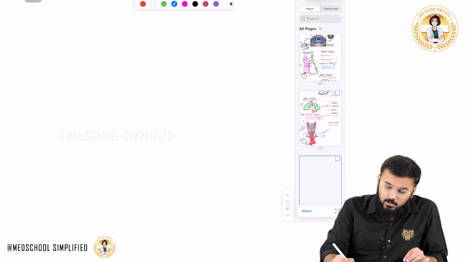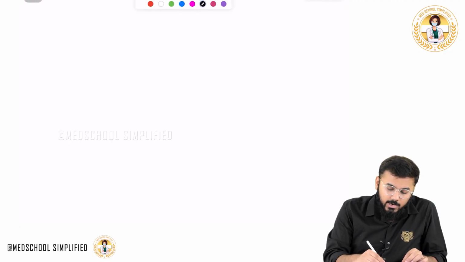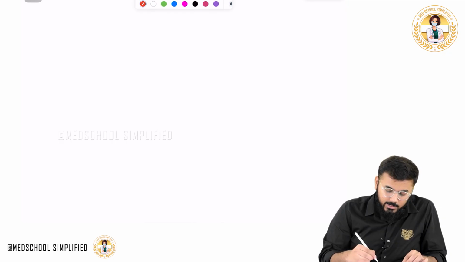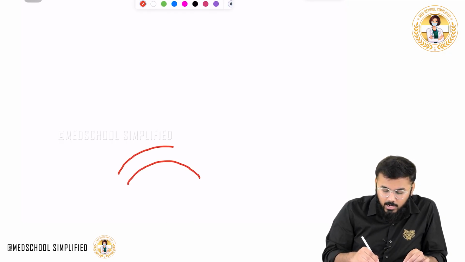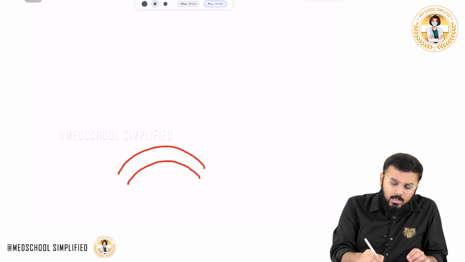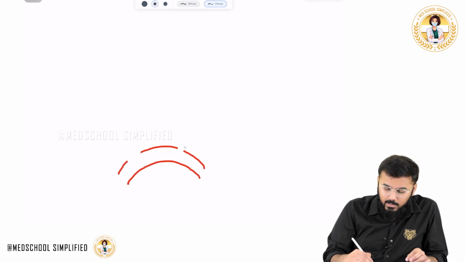Now let us look at that with the picture which I draw right now. What I was telling you is that there is an artery in this way. This artery is called your arch of aorta. The arch of aorta has one branch on the right and two branches on the left.